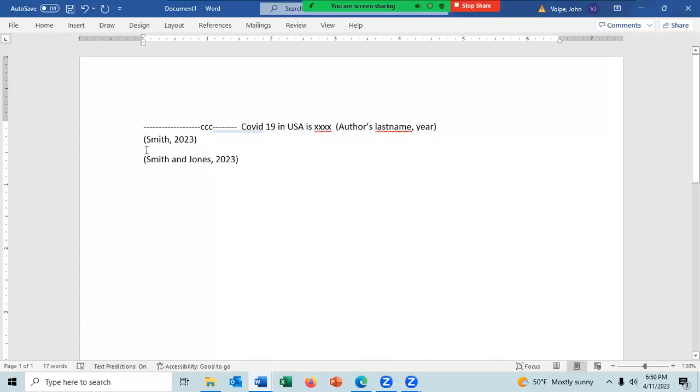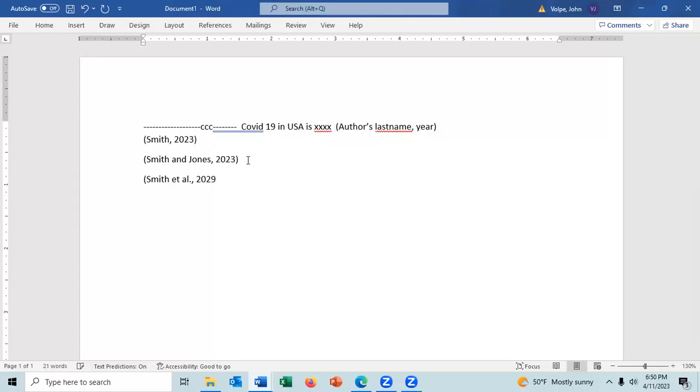But generally speaking, you'd put after the number or after the sentence Smith, comma 2003, and then period. If it's more than two, you go the first one, Smith, and then you go et al, and then you go the year, which this one I'm going to do a different year.